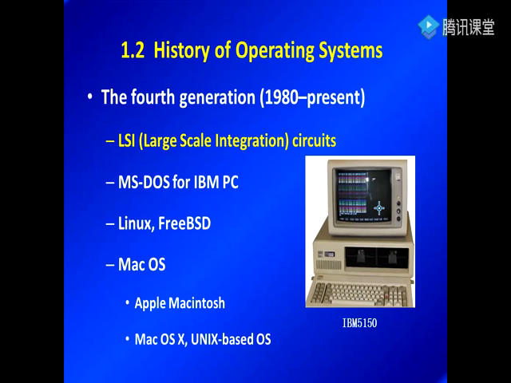But for you, maybe you haven't seen these personal computers before, because this fourth generation of computers were getting smaller and smaller, and they are built with large scale integration circuits. The typical operating systems for this generation are MS-DOS and Linux and Mac OS.